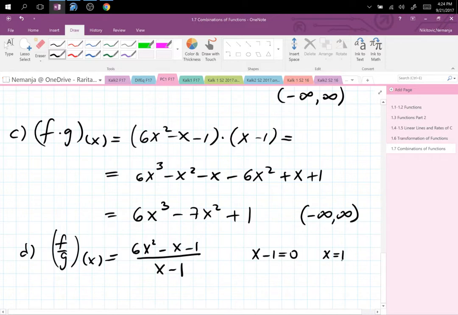What we don't want. Very good. That's excellent. So how should I write the domain now? Am I allowed to put the brackets like this? No. Why? That means include. Exactly. And this means do not include. Nice. See? The devil is in the detail.